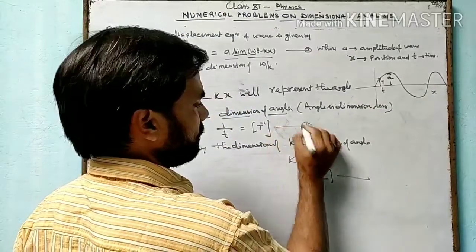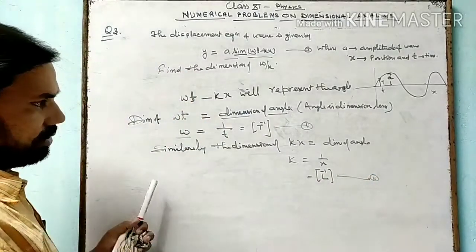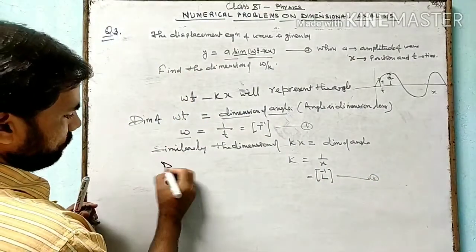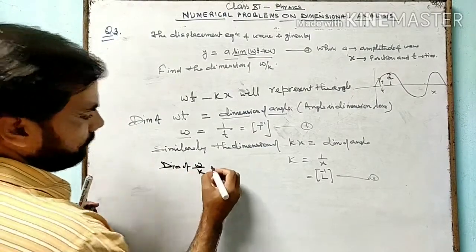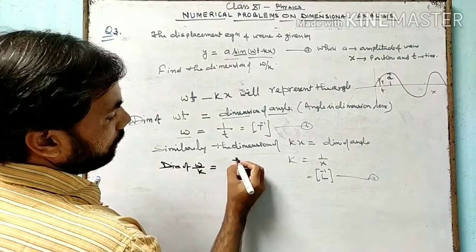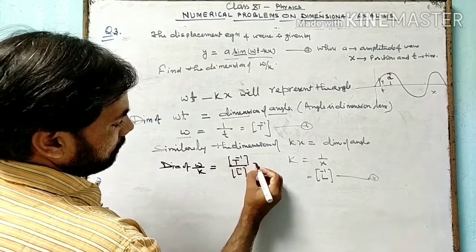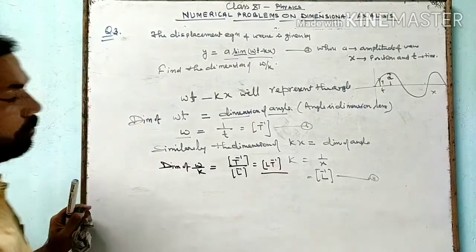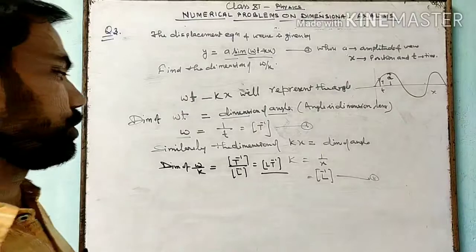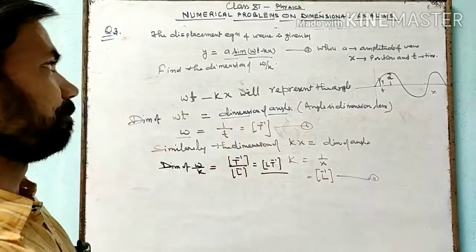This is 1 and this is 2. So what is the dimension of omega upon k? The dimension of omega upon k is equal to t minus 1 upon L minus 1, that is L t minus 1. So definitely omega by k is a term which represents the velocity of the wave with which it is propagating.